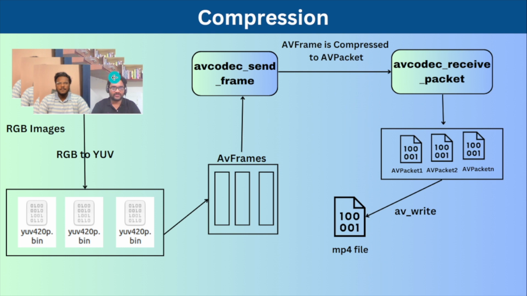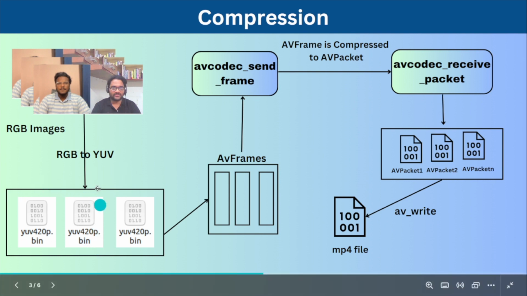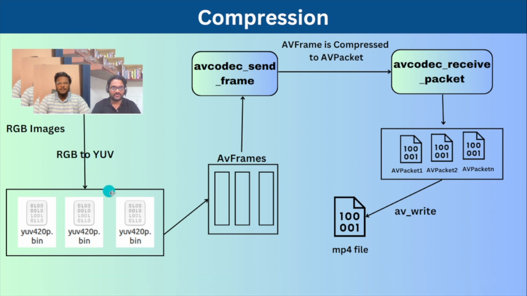From an architecture point of view in terms of FFmpeg, the RGB frames we have stored will be converted into YUV. There is a special code, and I will show you how to convert RGB to YUV.